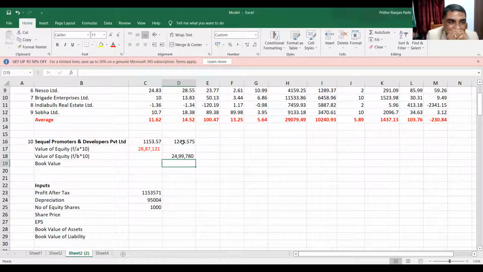You got one more value. So whether the value is 24,99,000 or 28 lakh, it will be in that range. Are you with me? Yes.